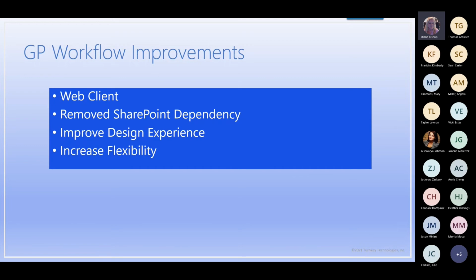They were using SharePoint a lot. It was the basis for the workflow engine. A lot of integration went between SharePoint and GP workflows. And this caused a lot of problems even for the entire system.